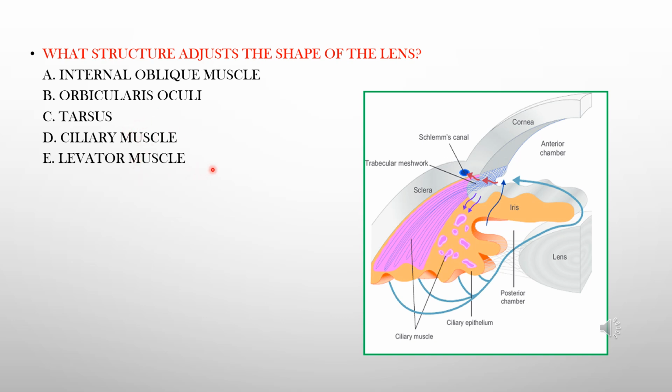Okay, exactly. The answer is number D, ciliary muscle. As we mentioned, ciliary muscle adjusts the shape of the lens and is involved in accommodation and the far and near vision of the eye.